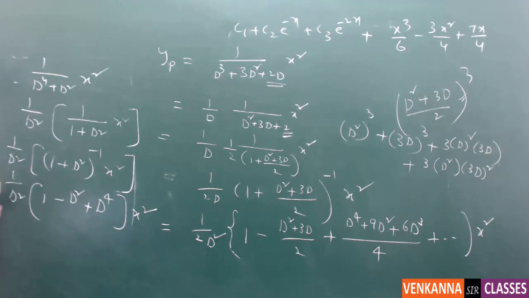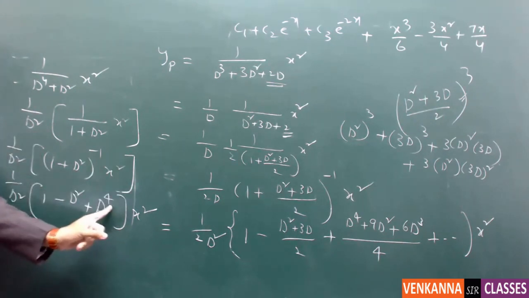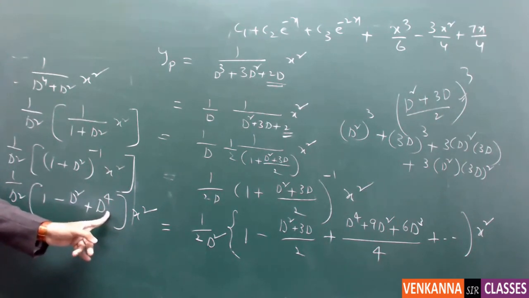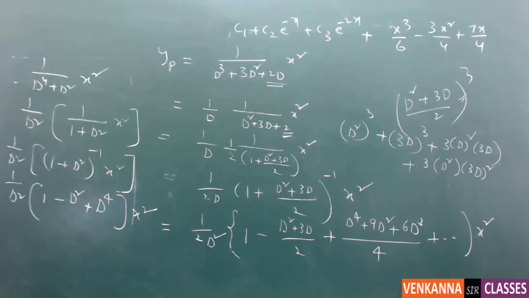So depending upon the power of d here, sometimes it is necessary for you to calculate one more term in this expansion. That is my intention actually to say. Fine.